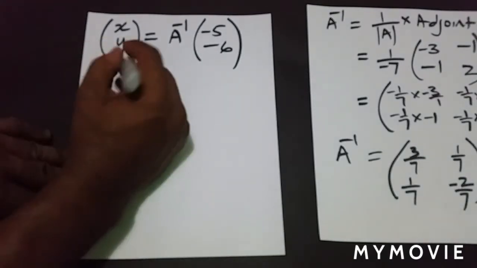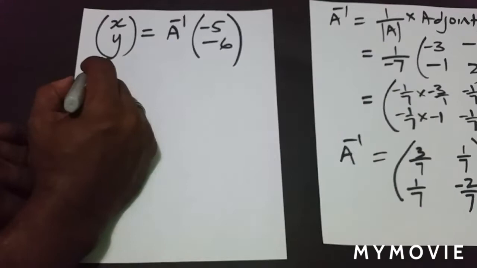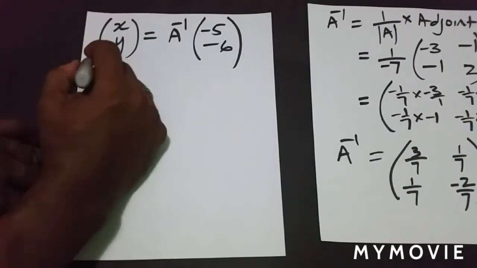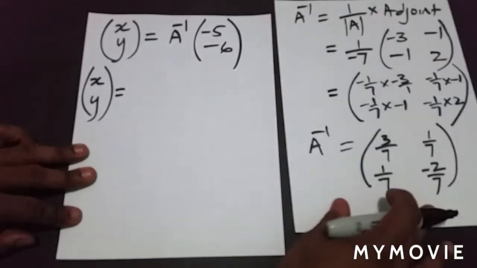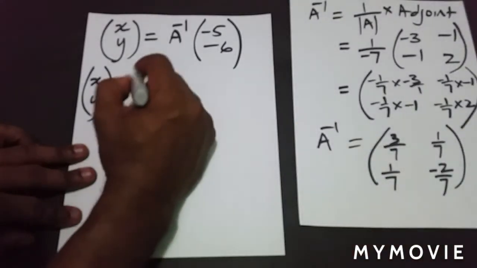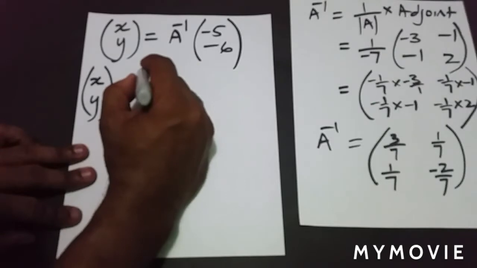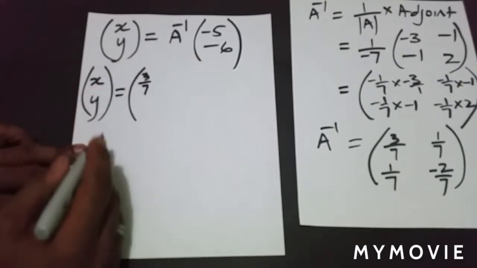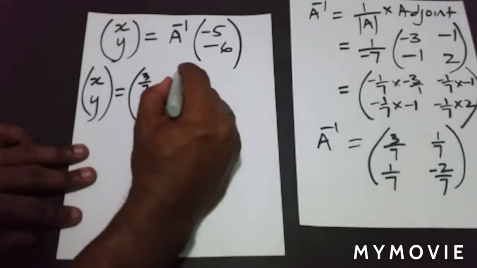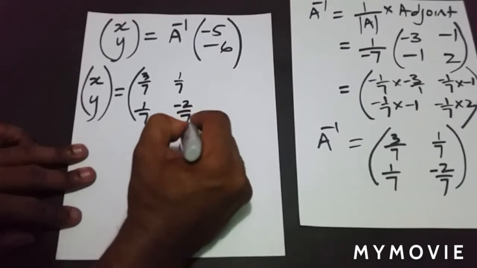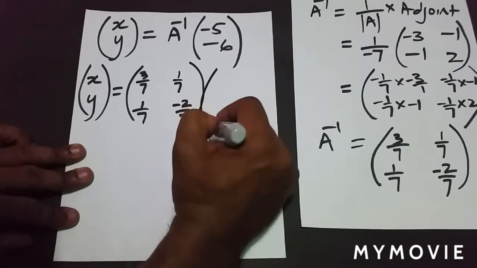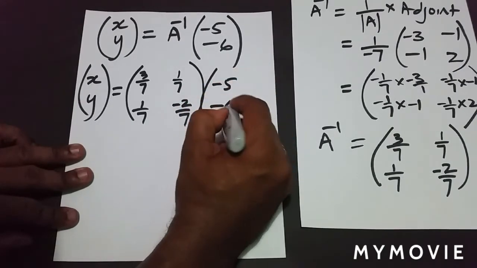So let's go ahead now. So x, y here is going to be equal to the inverse, which is this guy over here. So I'm just going to write this. So it's going to be 3/7, 1/7, 1/7, and -2/7 times -5, -6.